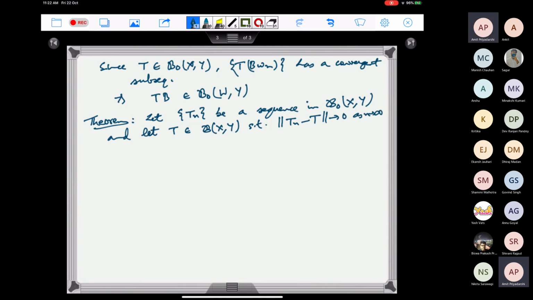So that means that this T_n converges to T in this space B of X,Y, right? So then T is also compact.